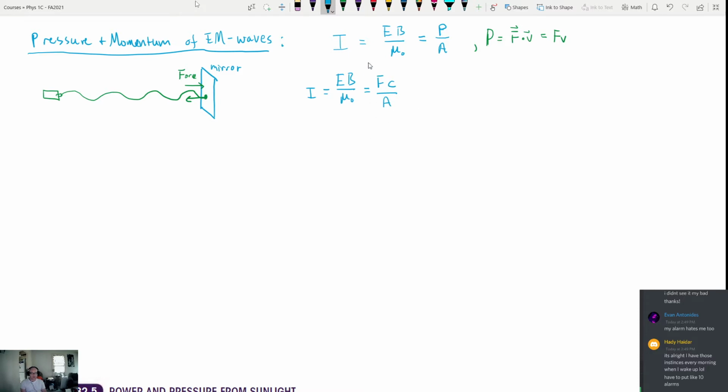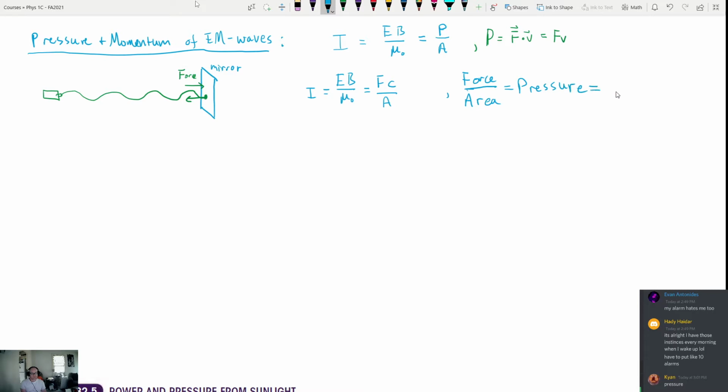And then in our equation right here, we also have F over A, force divided by area. Does anyone remember what that is? What's force over area? Pressure, that's right. So this is pressure.